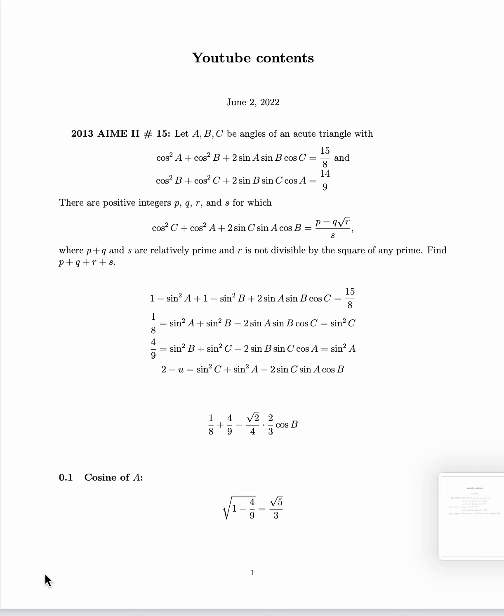So you don't really even need cosine of b. Yeah, so the thing we desire, we just let it be x, right?